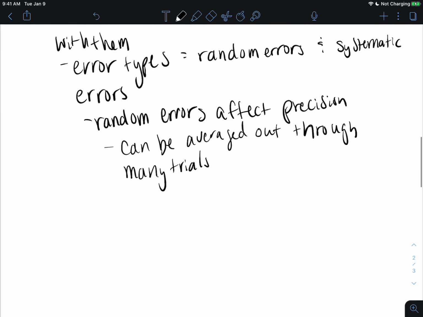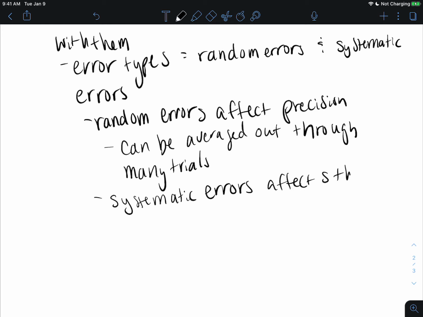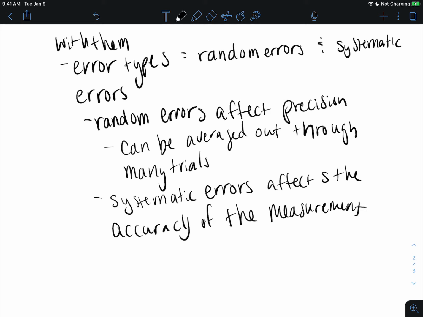And then we have our systematic errors, and they're going to affect the accuracy of the measurement. Unlike random errors, which fluctuate above and below, they are generally considered a one-sided error.